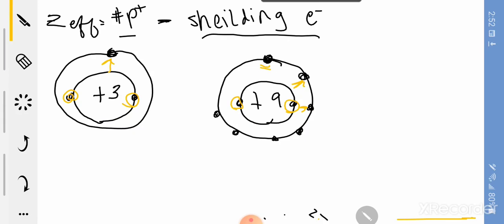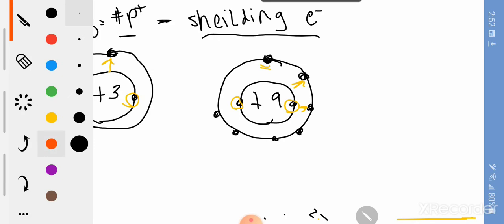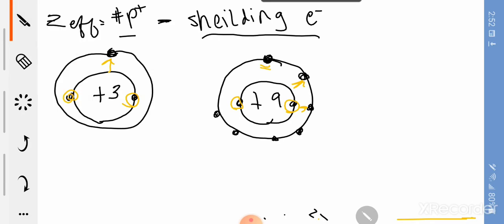So for example, on this lithium atom right here, we have 3 protons and we have 2 inner electrons. So this outer electron, this one valence electron, feels a pull of positive 1, whereas these inner electrons don't have any shielding, so they feel the full 3 proton effect of the nucleus.